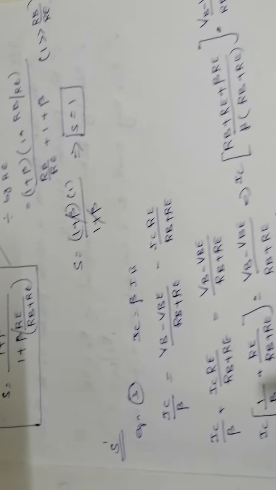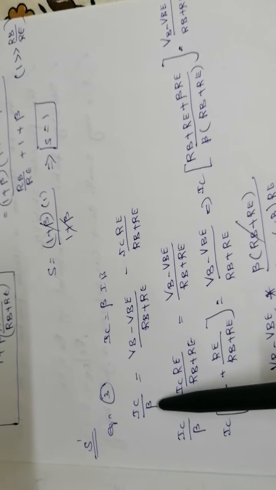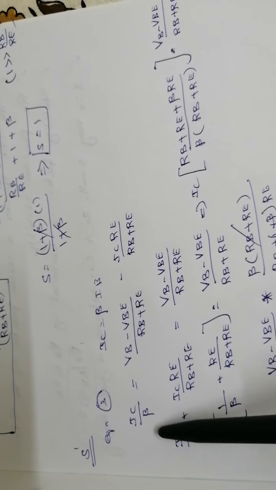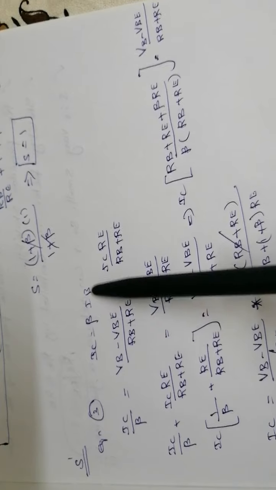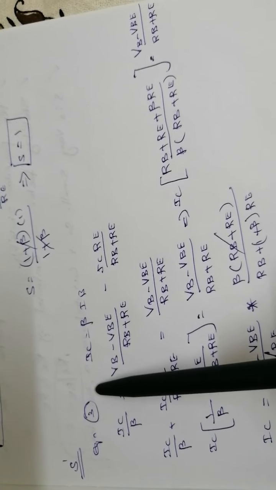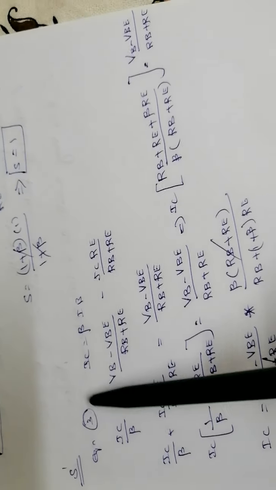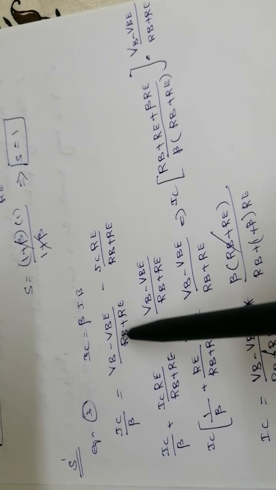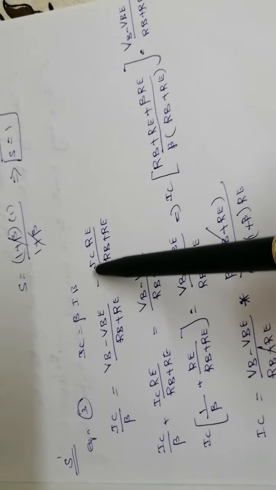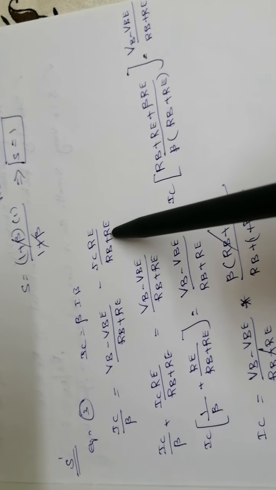So next, to find the stability factor in terms of ∂IC/∂VBE. We know IC is equal to beta IB. So we take equation 3 and change IB into IC by beta. So IC by beta equal to VB minus VBE by RB plus RE, minus IC into RE by RB plus RE.